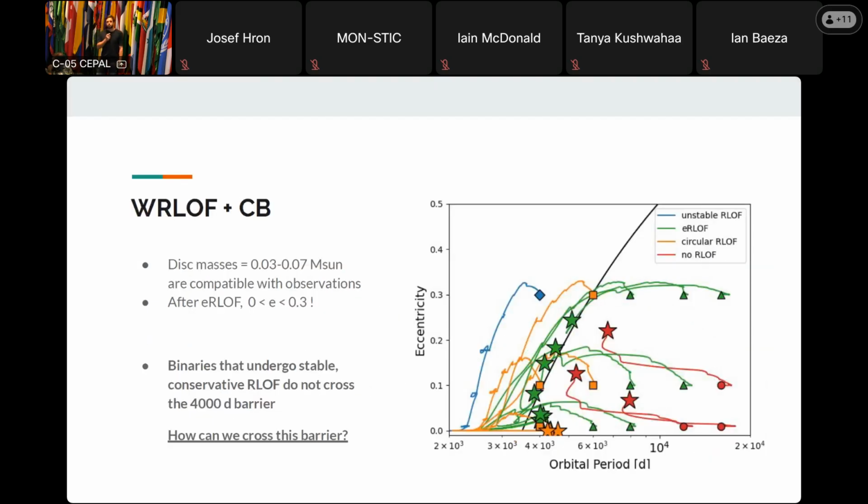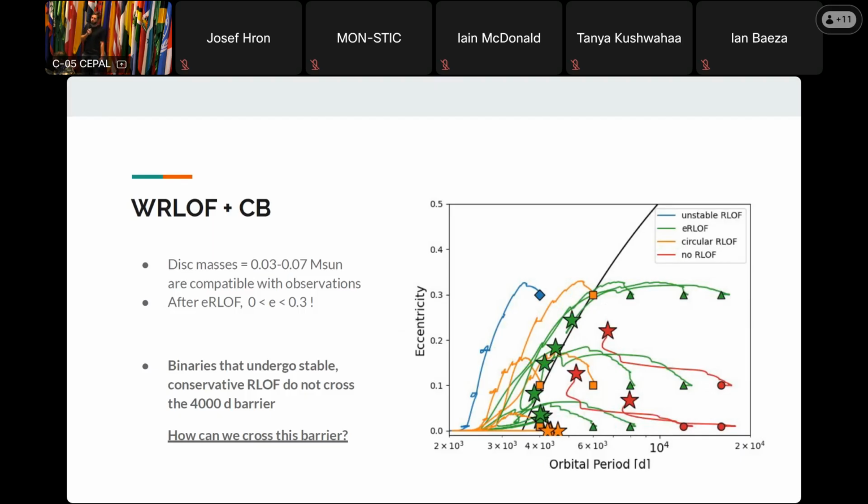So now, just for the grid of simulations where both mechanisms are included, I want to focus here on the green tracks, so binaries that have undergone eccentric Roche lobe overflow. We find that their final orbits are between 0 and 0.3 eccentricity, so we have some eccentricity at the end.